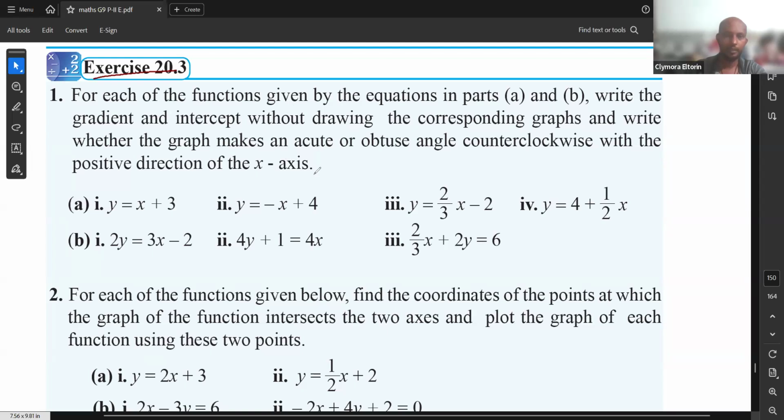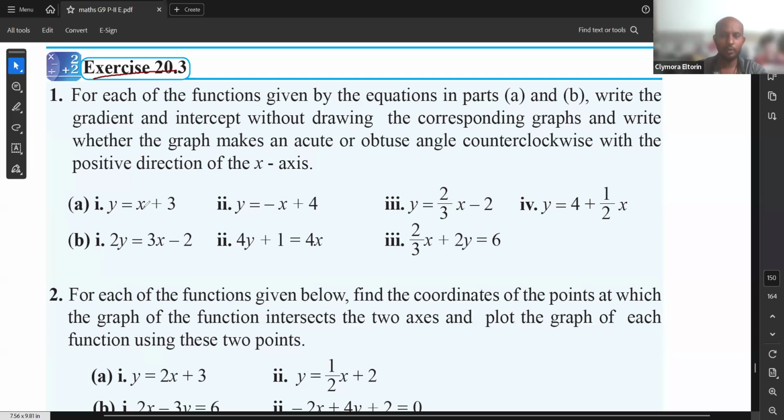Let's see, there are two parts, part A and part B. Without plotting the graph, we need to say the gradient and this. What's the gradient here? If it is 2x or like that, the gradient is 2.